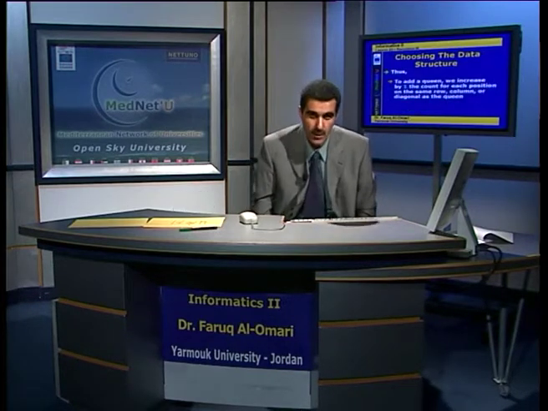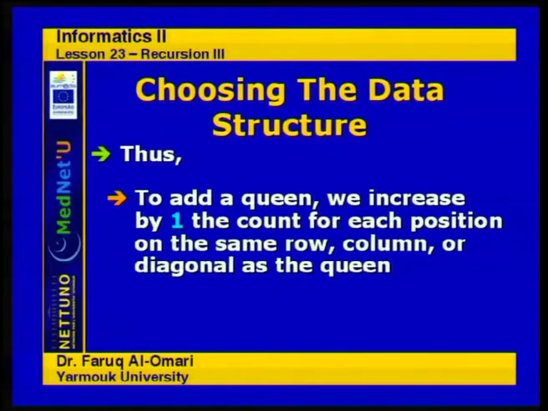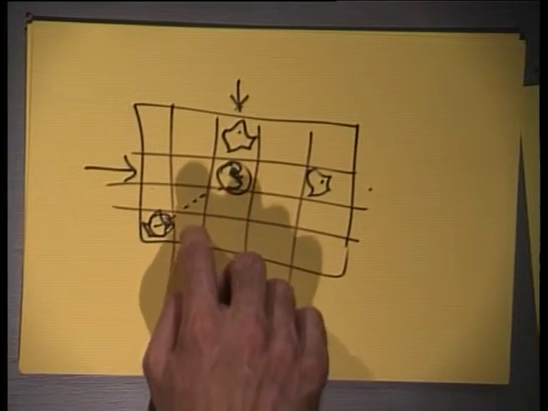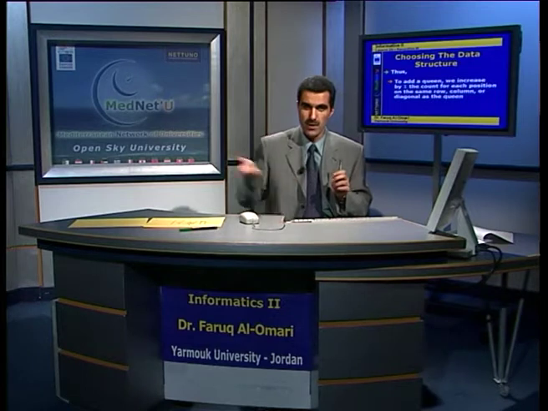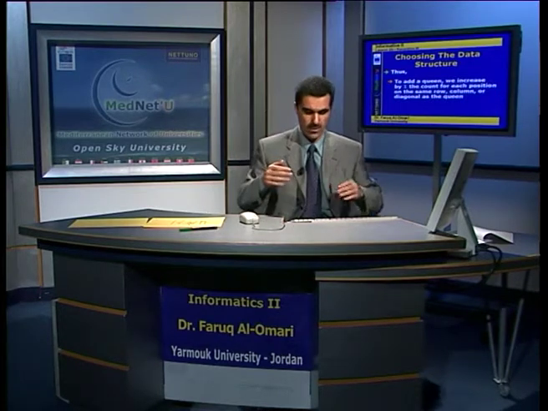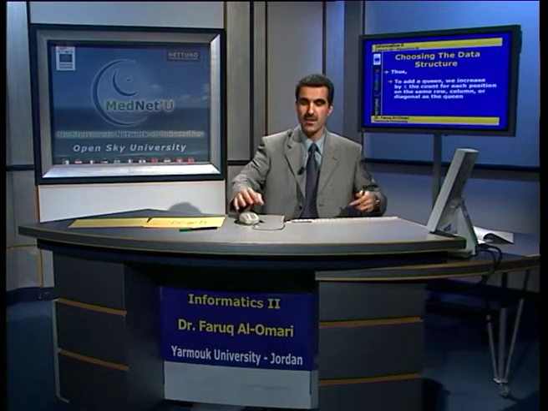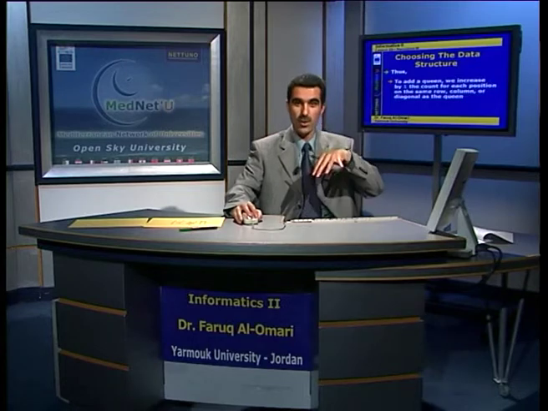Thus, to add a queen to any position, we increase by 1 the count for each guarded position. So when I add a queen to the board, I'm going to go to all entries guarded by that queen along the same row, along the same column, along the same diagonals, and increase the count in there by 1 to indicate that it's guarded by 1 more queen now.